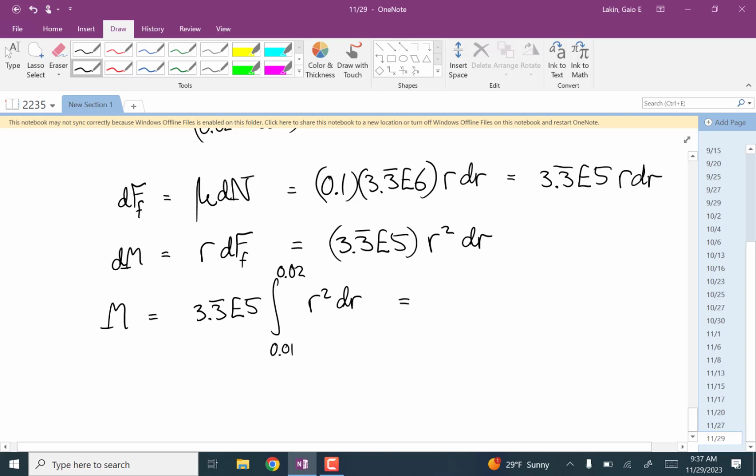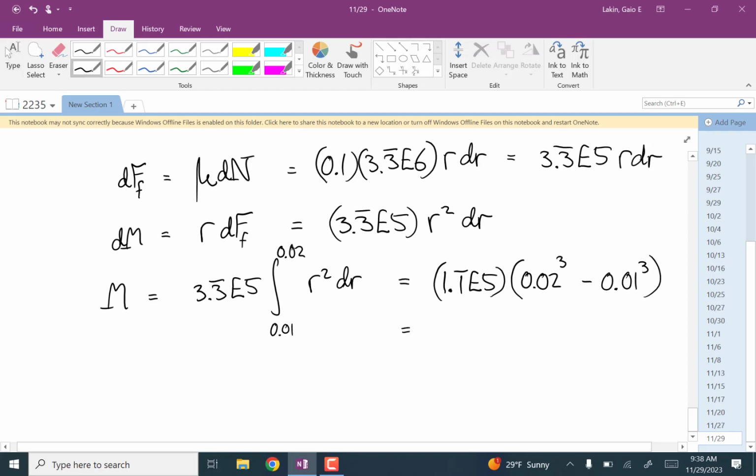So dividing this by 3 gives you 1.1 repeating times 10 to the 5th times 0.02 to the 3rd minus 0.01 to the 3rd.